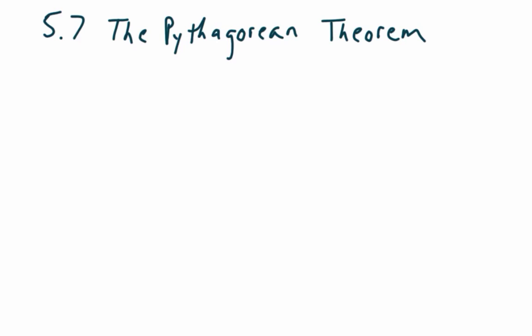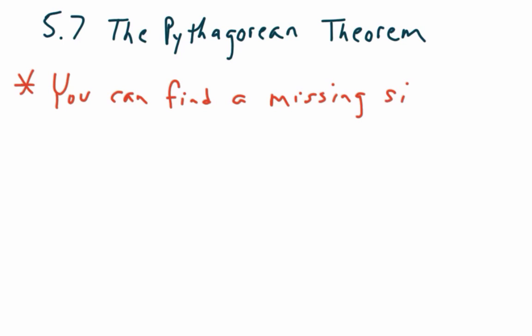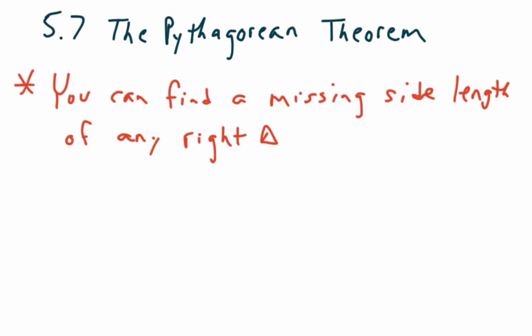Here's pretty much the gist of it, and I'm going to put a little star by it: you can find a missing side, or maybe missing side length, of any right triangle using, and here's the actual equation.